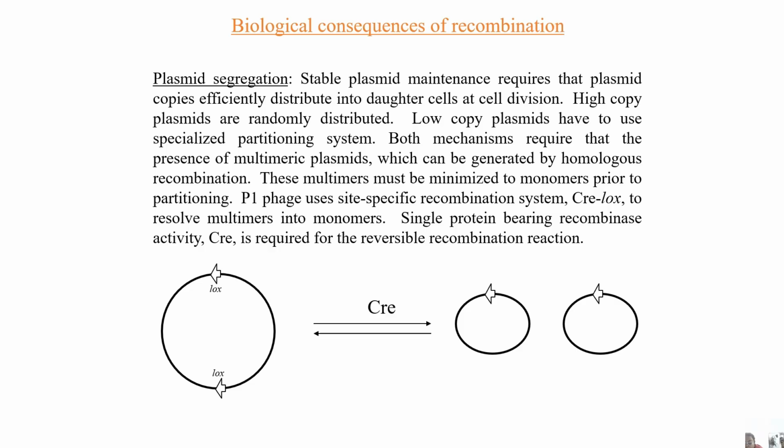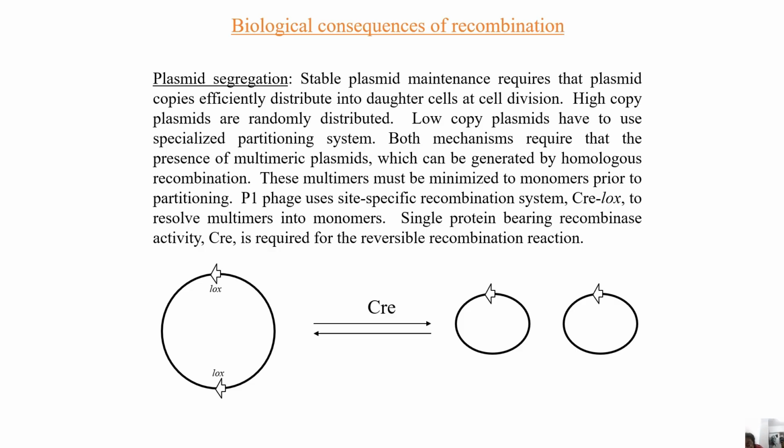High copy plasmids are randomly distributed. Low copy plasmids have to use a specialized partitioning system. Both mechanisms are affected by the presence of multimeric plasmids, which can be generated by homologous recombination, and these multimers must be resolved to monomers prior to partitioning.